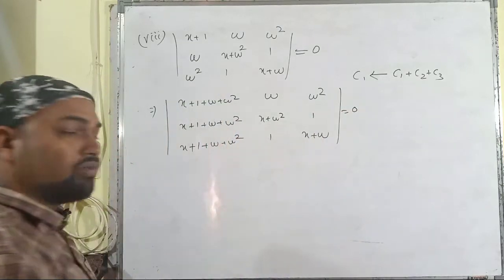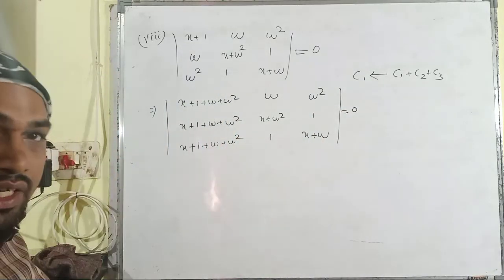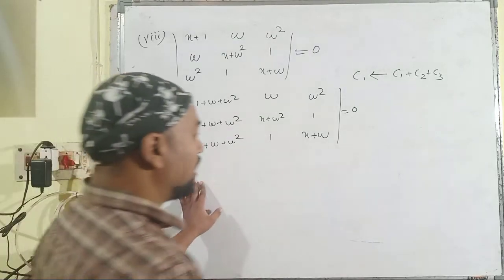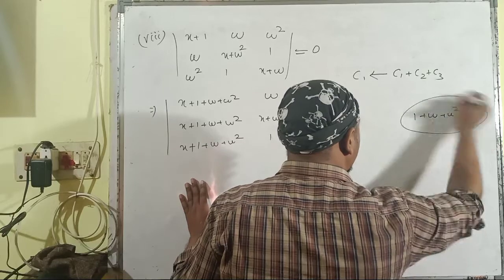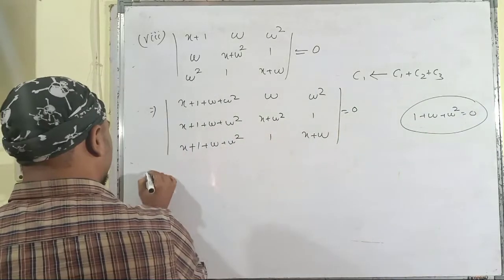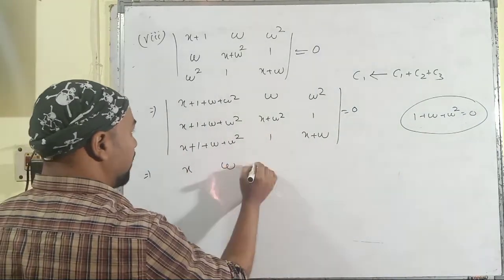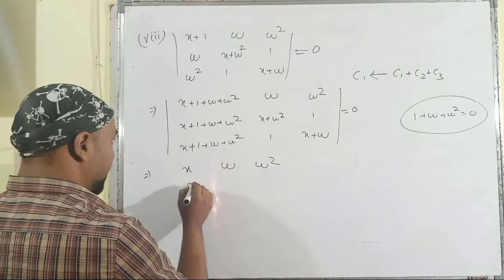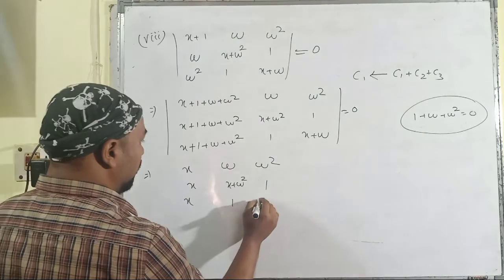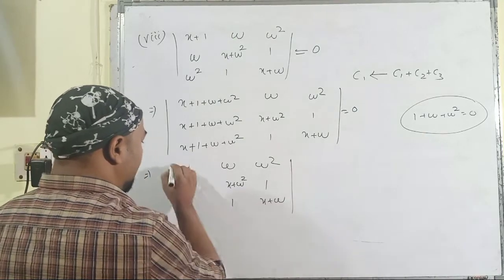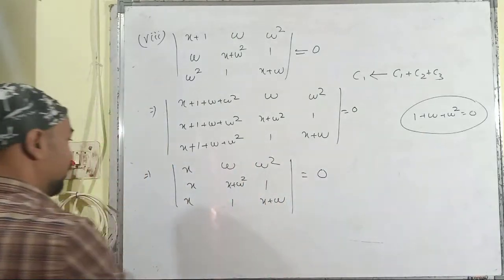But from the chapter of complex numbers, we have already seen it in the 11th class. We know that 1 + omega + omega² is equal to 0. So applying this formula here, we are getting x. Here it will be x + omega², 1, x + omega, and this is equal to 0.